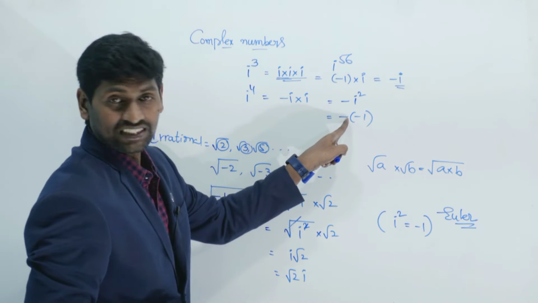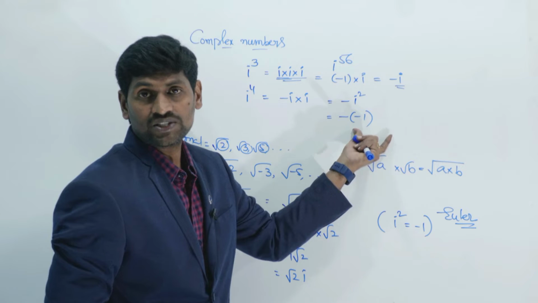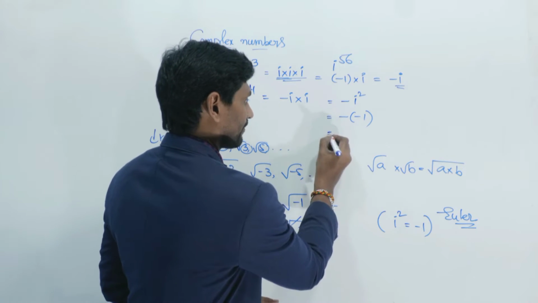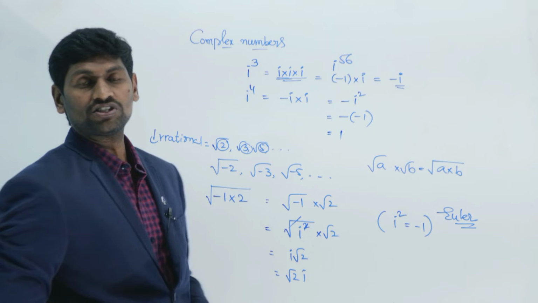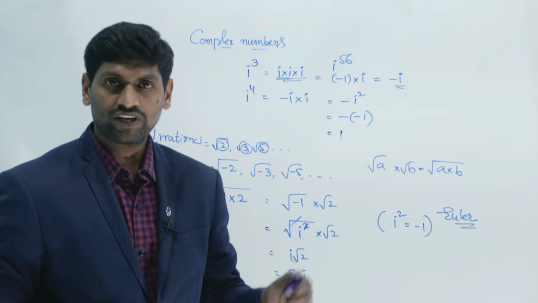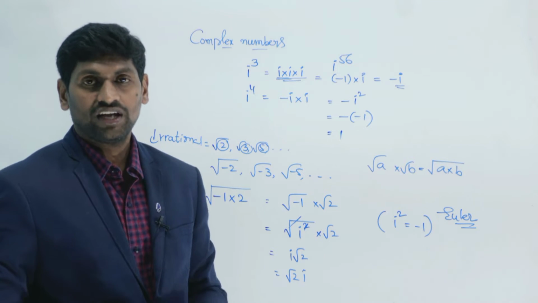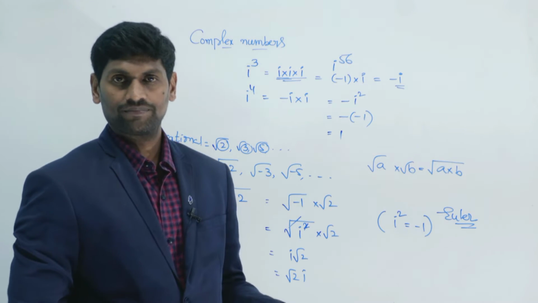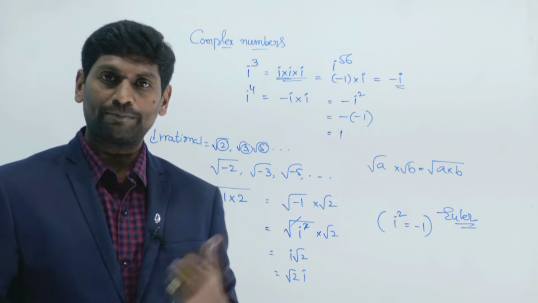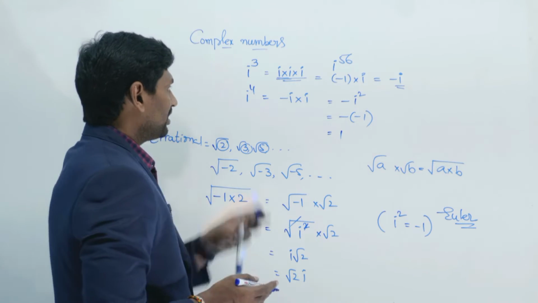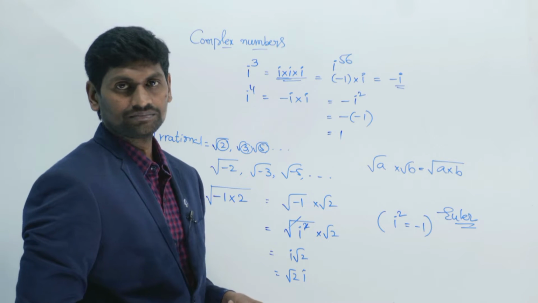This minus is as it is, and minus into minus is plus. So i power 4 value is positive 1. i power 5 value is i. Again starting from i square, i cube, i power 4, i power 5. Up to 4 it is repeating like this.